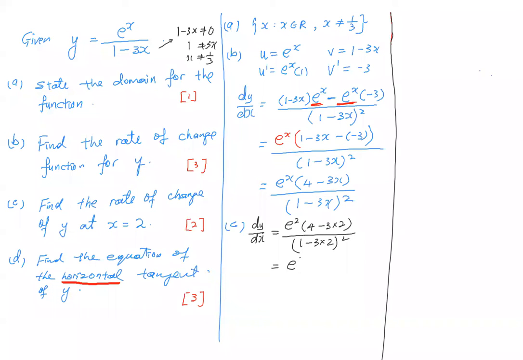-2e squared over -5 squared, which is 25. Yes. That's it. So now you tell me, if I want to interpret this, it is negative, correct? So y is increasing or decreasing at x equal to 2?